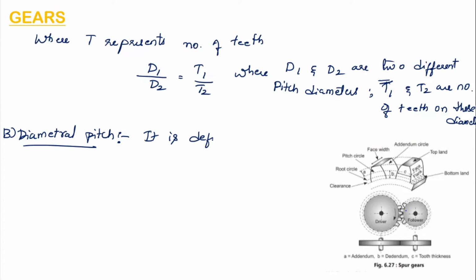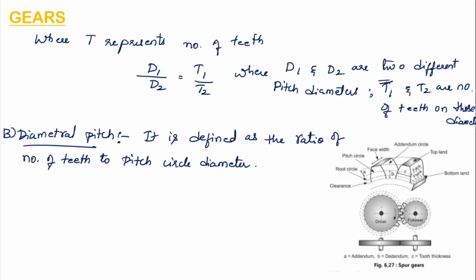So that is PD = T by D, that is number of teeth over the pitch circle diameter. So from this equation we can write it as pitch circle diameter into diametral pitch is equal to the pitch of the circle.